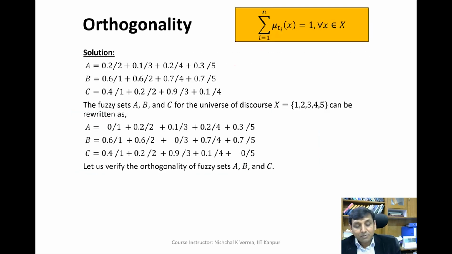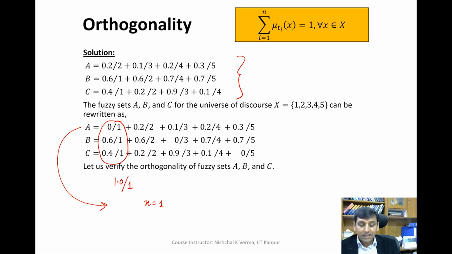Since we have the 3 discrete fuzzy sets, let's take a particular generic variable, say x is equal to 1. If we take the generic variable 1, the summation gives us the membership value 1.